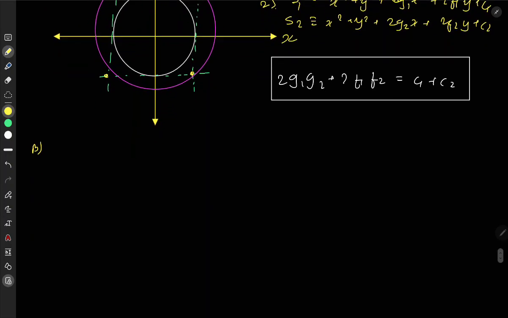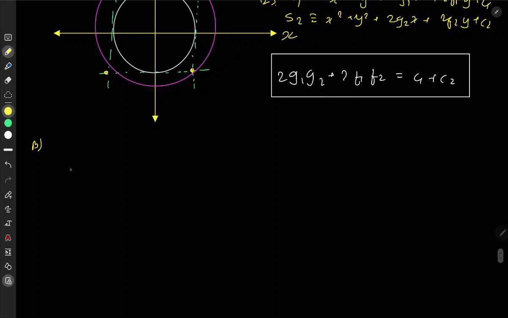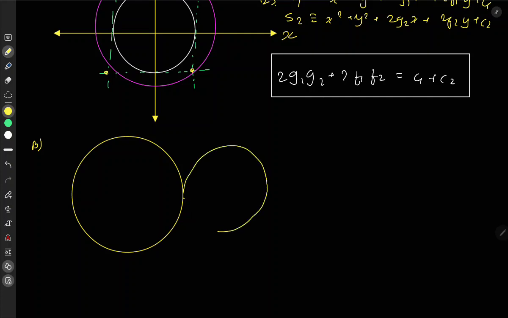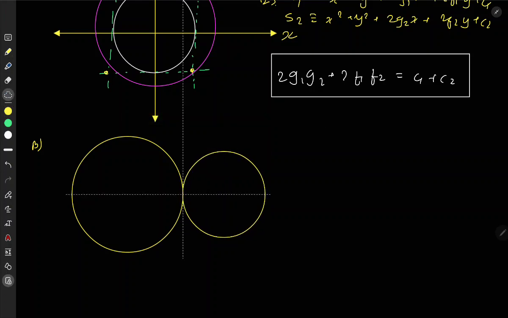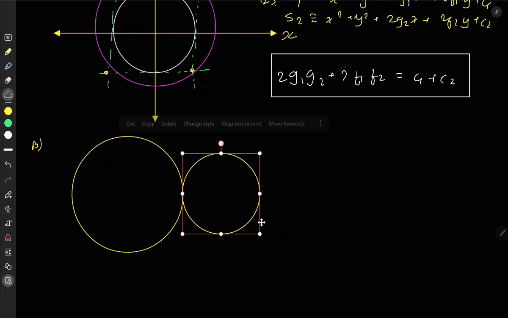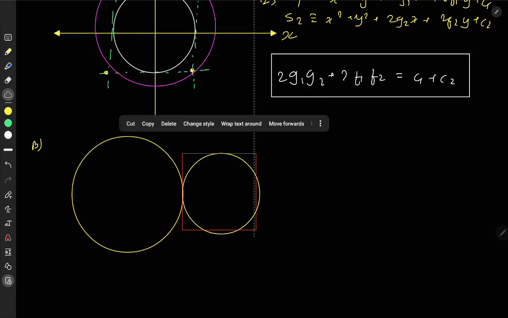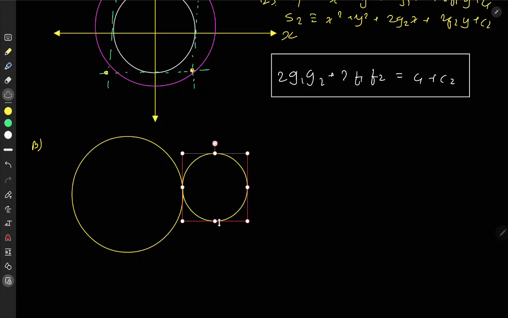Now let us discuss the circles by drawing the diagrams, and it's quite fun. Another circle goes like this, and let us join these two and shrink this a bit so that you may understand it.